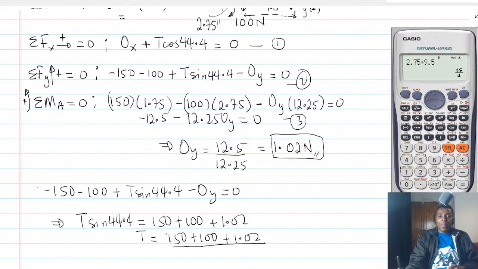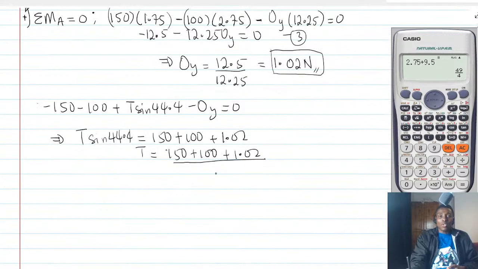So that T, which is the tension, will be 150 plus 100 plus 1.02, divided by sine 44.4. Okay, I'm having some challenges with the calculator, so please pick up your calculators and let's do this together.